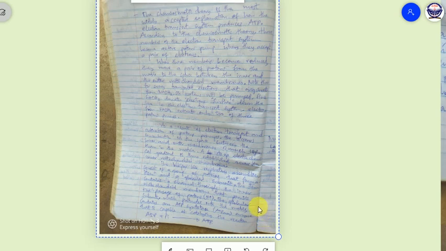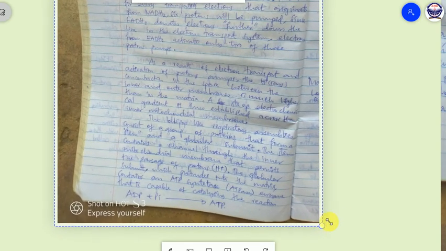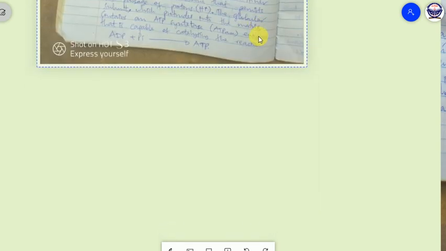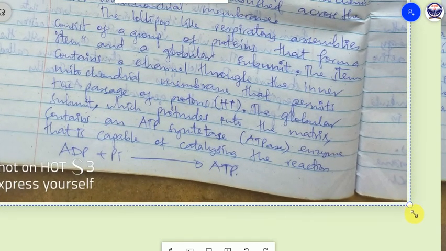So we are saying that the Chemiosmotic Theory is the most widely accepted explanation of how the electron transport chain produces energy. The Chemiosmotic Theory.